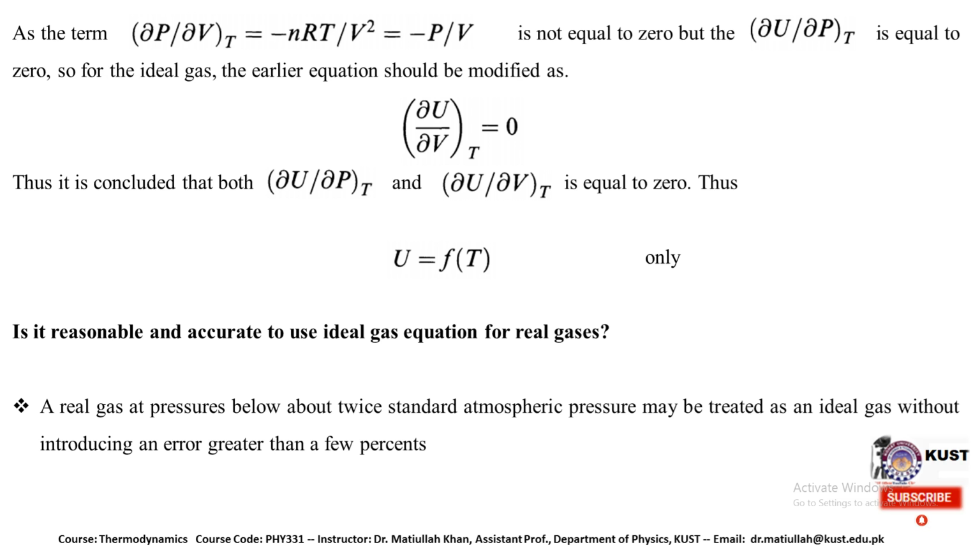So the question arises whether we can use a real gas as an ideal gas and use the ideal gas equation for it. For this purpose, a real gas at pressure below about twice standard atmospheric pressure may be treated as an ideal gas, and we can use the ideal gas equation for that without introducing an error greater than a few percent.